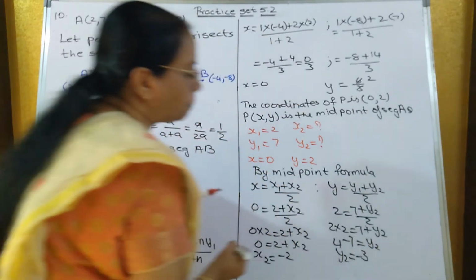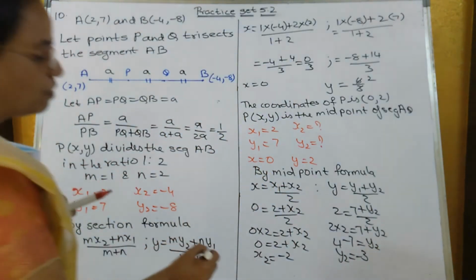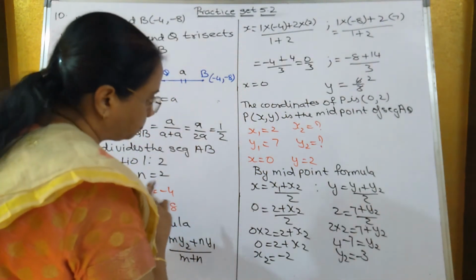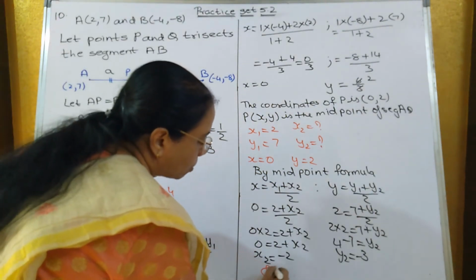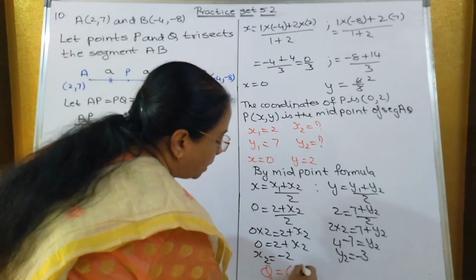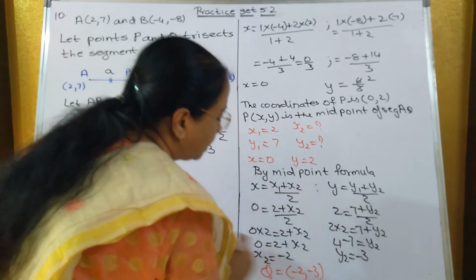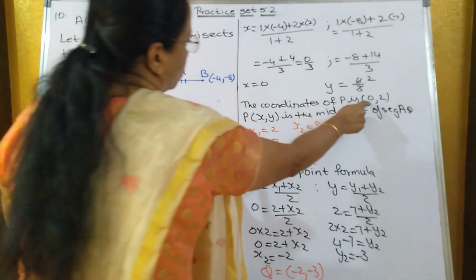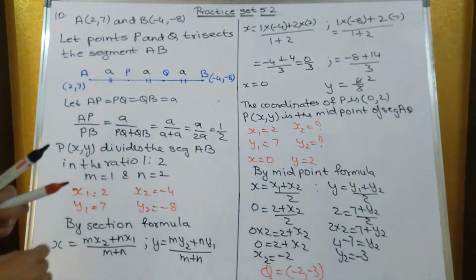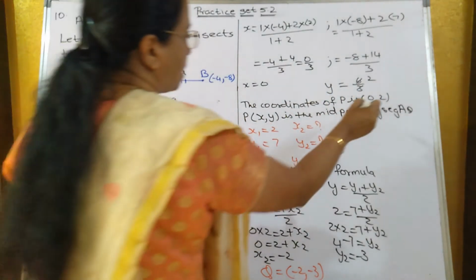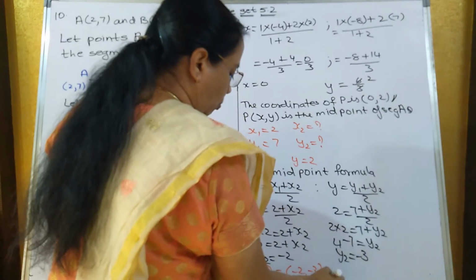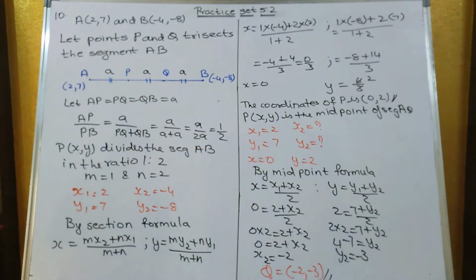Minus 3. So we have got the coordinates of Q. Q is equal to minus 2 and minus 3. And P is what? 0 and 2. So we had to find out the coordinates of P and Q. So P we have got 0 and 2, and Q we have got minus 2 and minus 3.